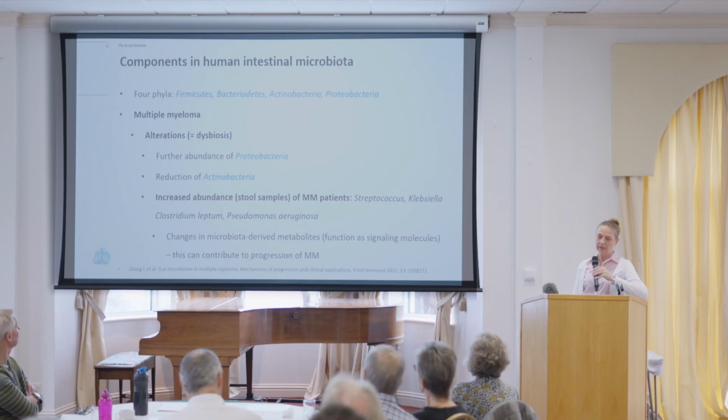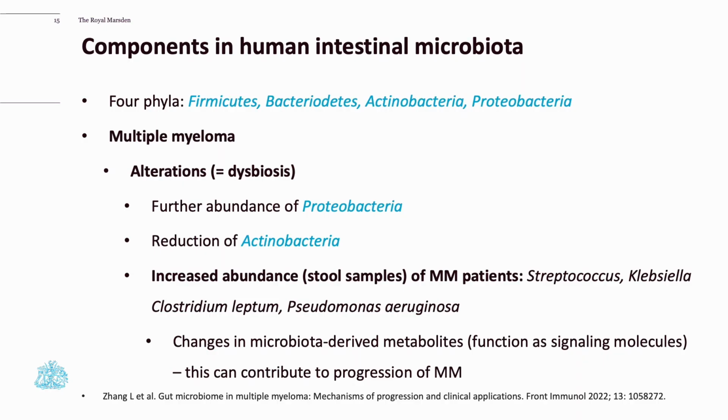To understand a little bit better the background, we have 4 main phyla in our intestines: Firmicutes, Bacteroidetes, Actinobacteria and Proteobacteria. Everyone from us, I can guarantee, has these 4 phyla in the small and large intestines. In multiple myeloma patients, we can observe that there is clearly a dysbiosis. We can observe there are alterations in these 4 phyla.